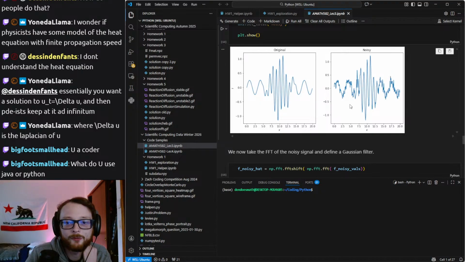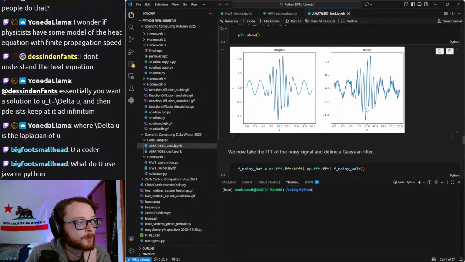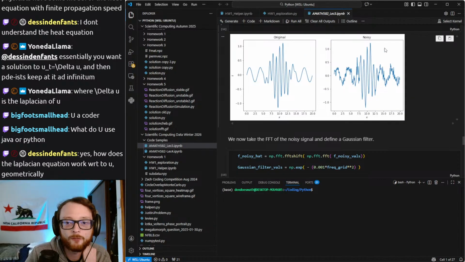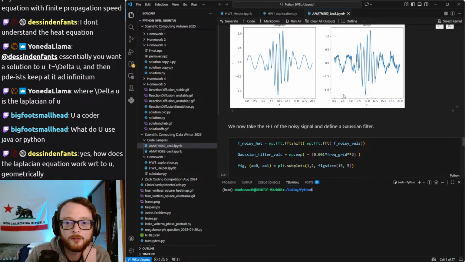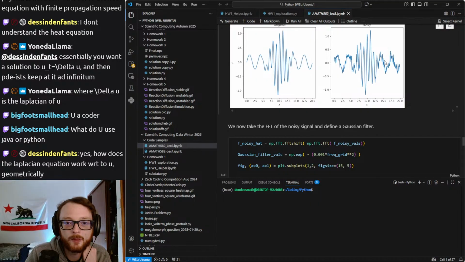And so yeah, if we have this noisy data, we can recover something like the original function. Thanks for the follow. We can recover something like the original if we take the Fourier transform of this noisy data, because the noise is at a different frequency than the frequency of the waves that we actually want.